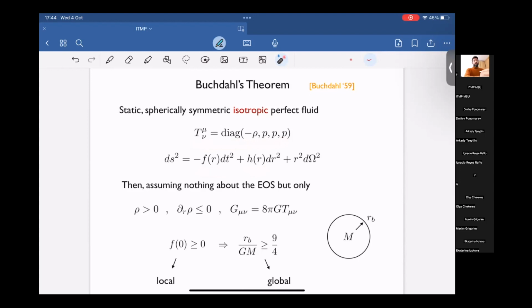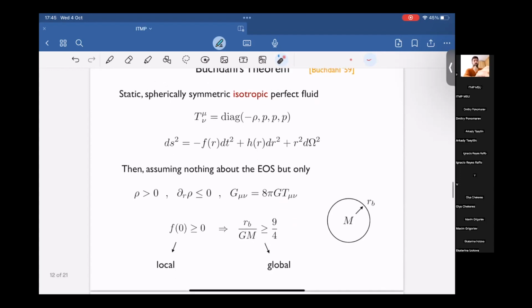And then you assume nothing about the equation of state whatsoever. You only assume that the density of the fluid is positive, we're back in classical physics, and that the energy density is not increasing outwards. This is kind of intuitive, right? The energy density should be more concentrated in the inner layers of the sphere, and the Einstein equations hold.